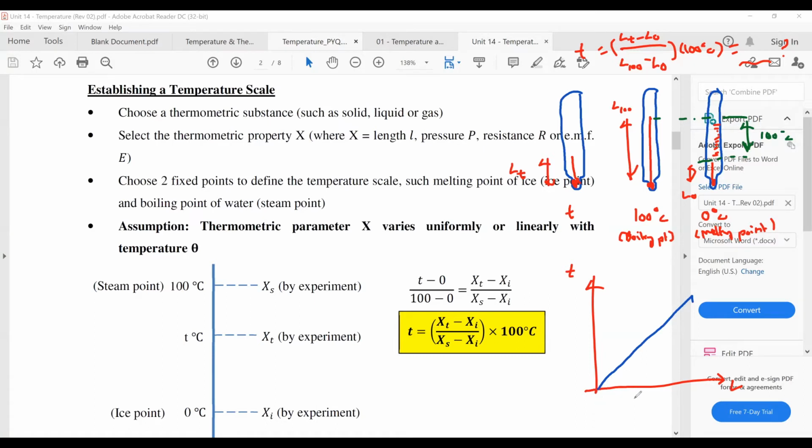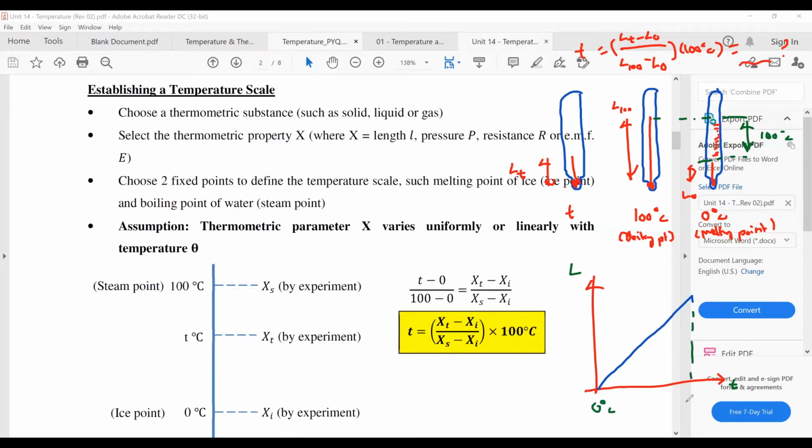Okay, so maybe I should just label the axis wrongly. This one is temperature T, and then this one is length. Okay, so you know that 0 degrees centigrade is here.